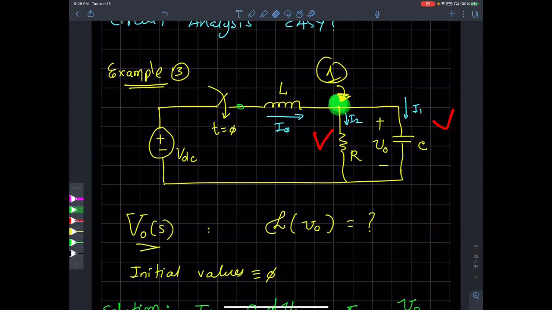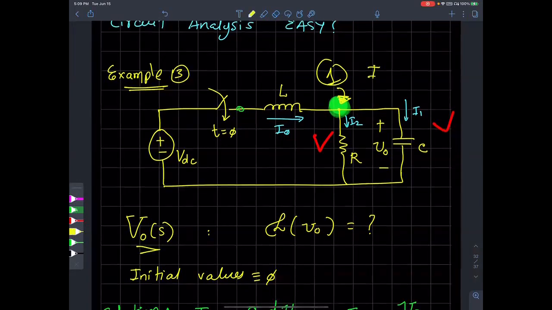So all you have done really is to notice that the current I0 that is coming in through the inductor is splitting into I1 and I2, which is the same as KCL at this node. If you write KCL at this node, it will tell you that the current coming in equals the current going out. Hence, you can set up that equation: I1 plus I2 is I0.